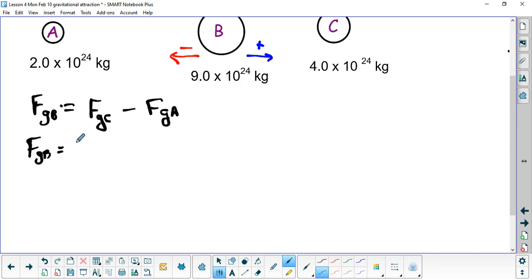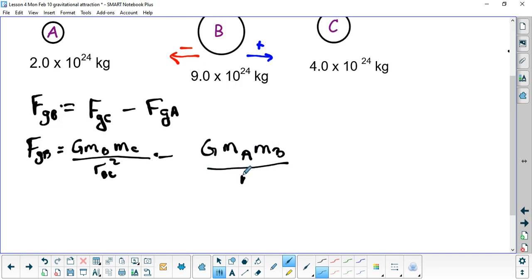So remember, it's going to be the gravitational constant, the mass of, and in this case, I'm talking about B and C, divided by the radius, or the distance between B and C squared, minus this one, which is A and B. It doesn't matter which is which, right?